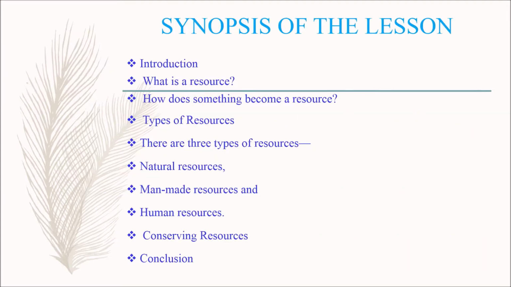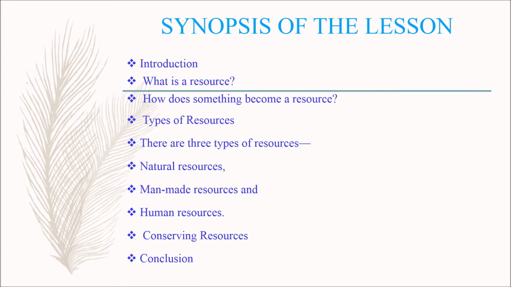Synopsis of the lesson. In this lesson, we are going to see the following topics. The first one is introduction. Next, what is a resource? How does something become a resource? Then we have types of resources.